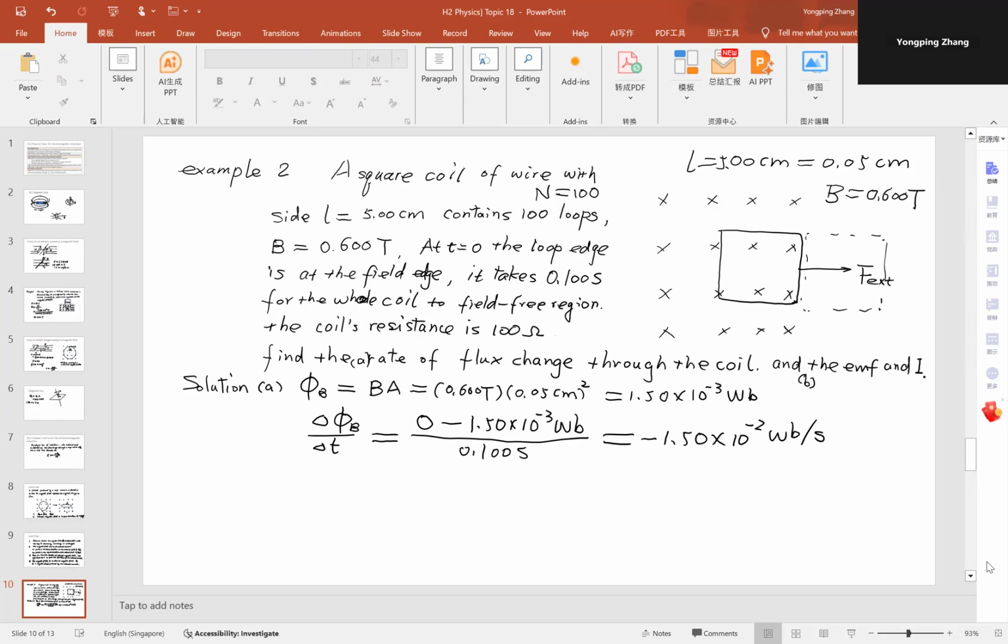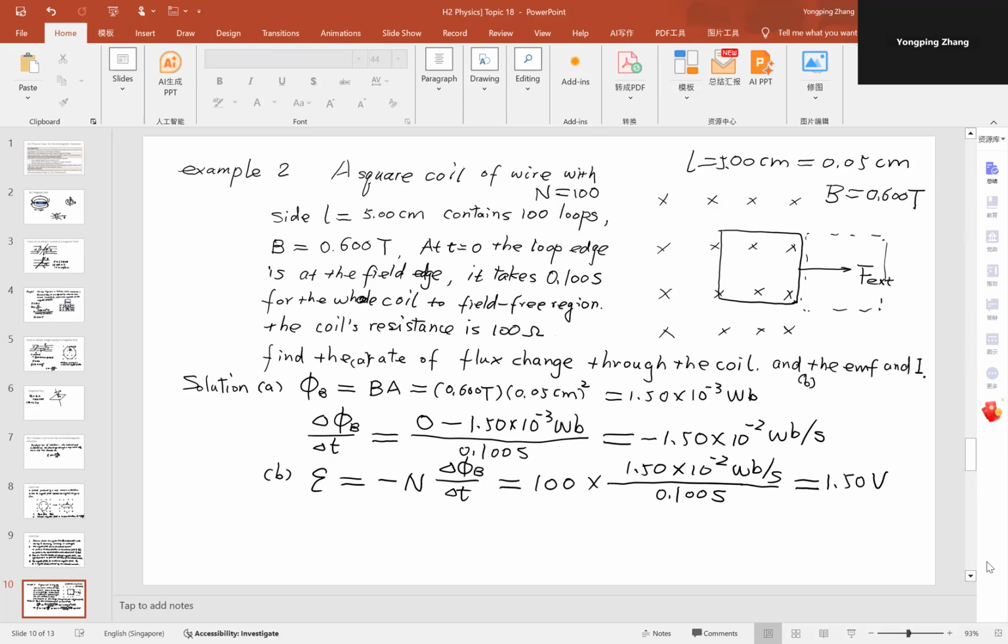So the EMF equals minus N delta phi B over delta t, equals 100 times the flux change divided by 0.1 seconds, which is equal to 1.5 volts.